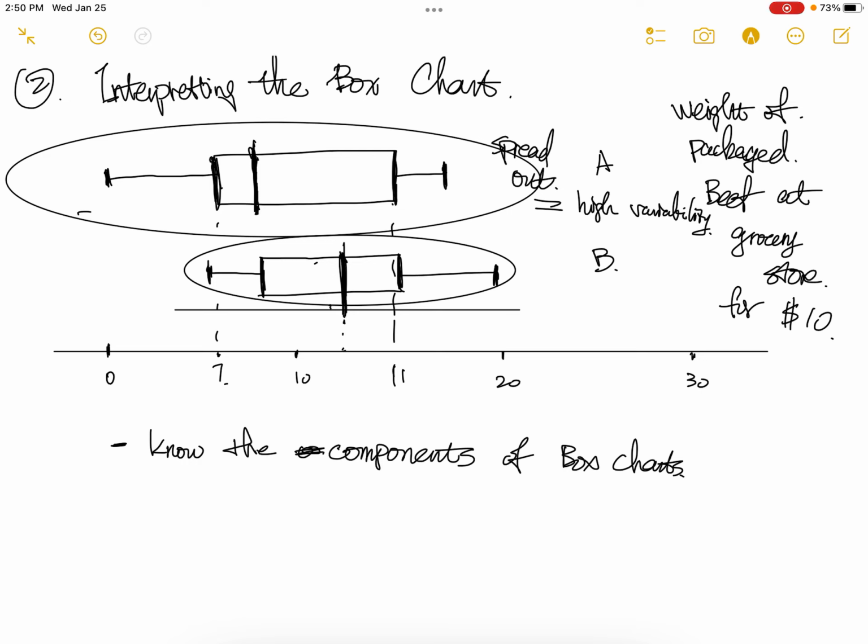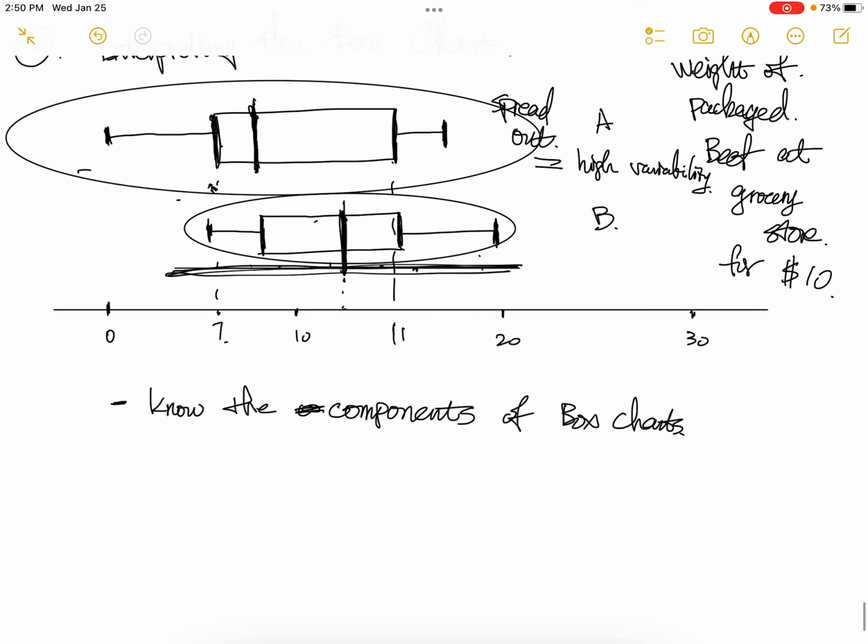And generally, the entire box chart for store B is to the right of that of store A. You can see the maximum for store B is much bigger than the maximum of store A. So that means that not only is there less variability for store B's product, store B's product generally weighs more than store A, right?